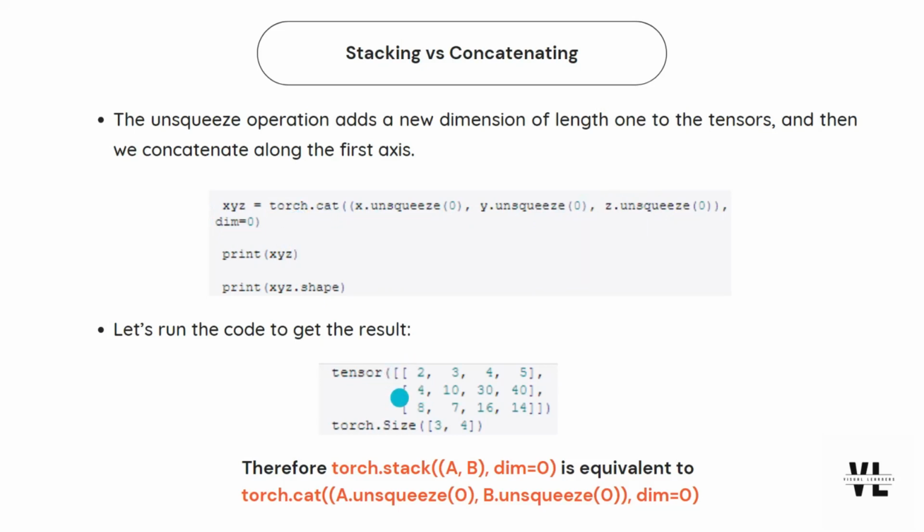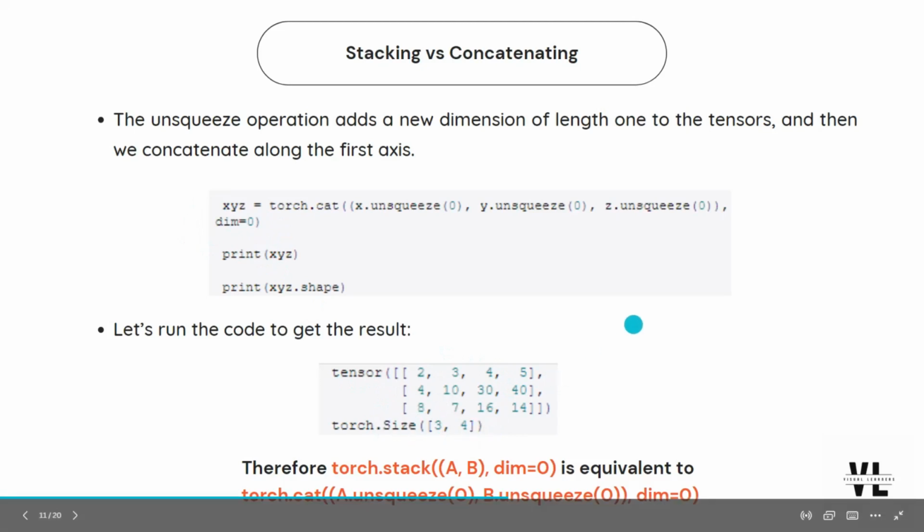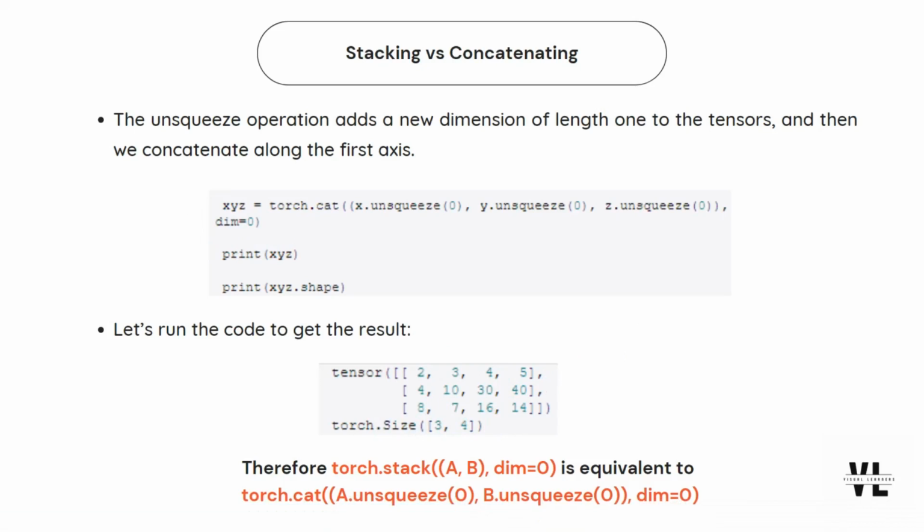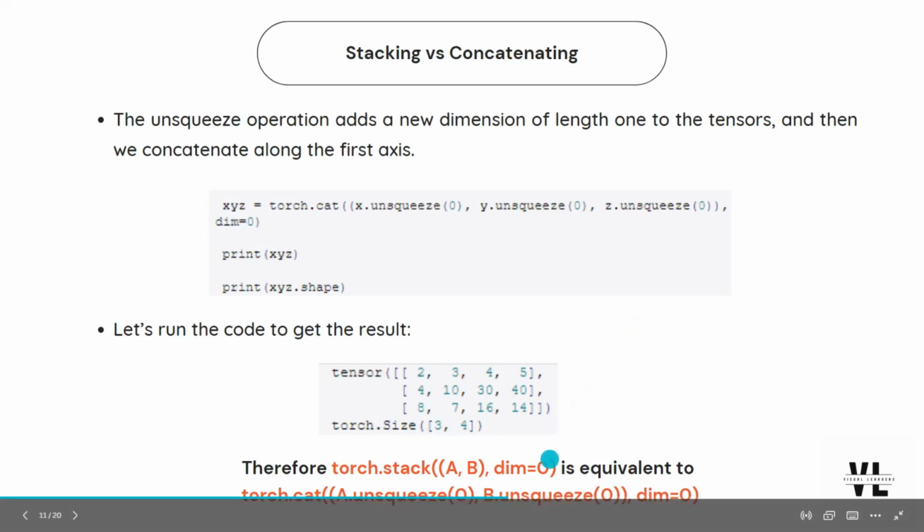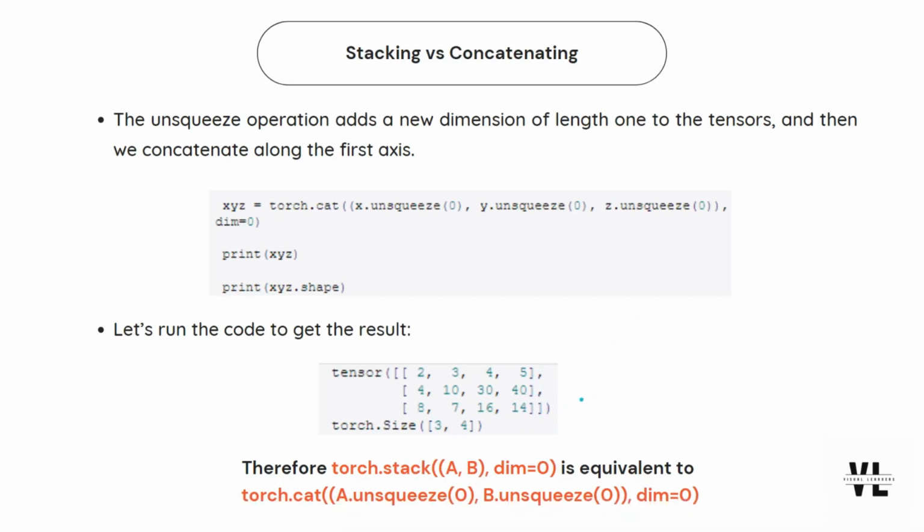Now you can see that across dim equal to 0, it's doing the same thing. We created a 3x4 matrix, just like the stacking operation. Therefore, torch.stack is the same as the concatenation operation, the only difference being the unsqueezing operation.